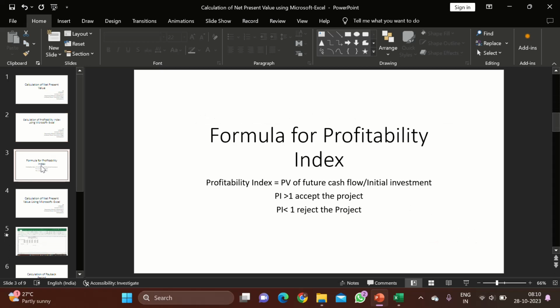The formula to calculate a profitability index is we should summate all present value of future cash flow of the project, and it should be divided by initial investment.